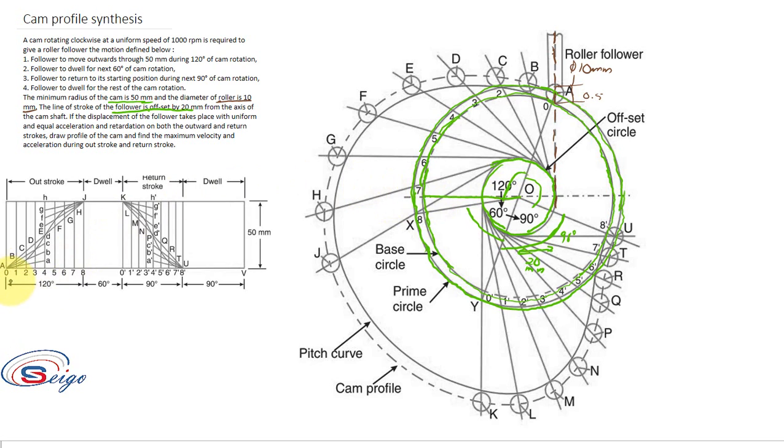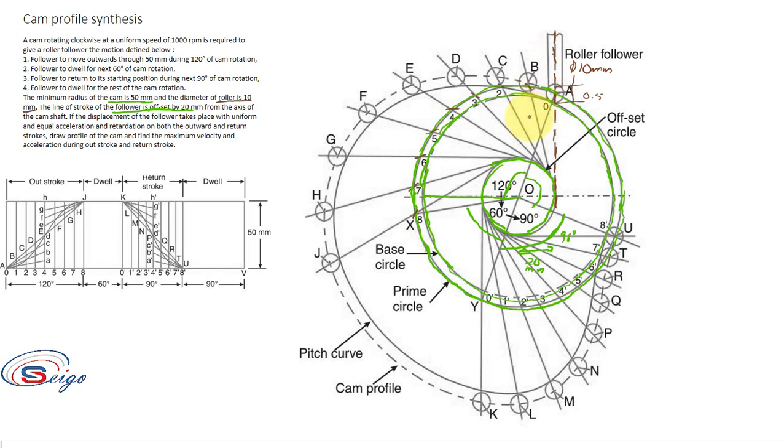Since you have divided this 120 degree, that means theta outstroke, into 8 equal portions, here also this 120 degree should also be divided into 8 equal portions. Okay. So this is 0, then 1, 2, 3, 4, 5, 6, 7 and 8.